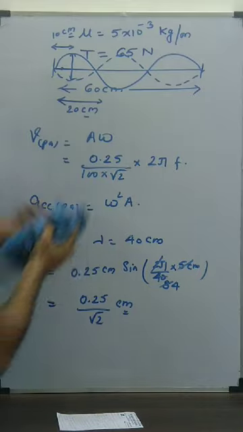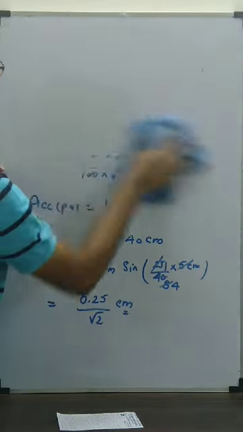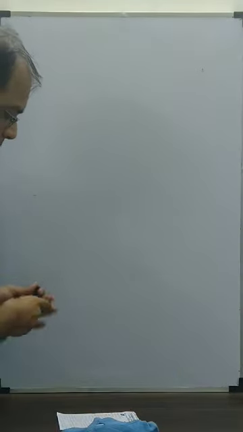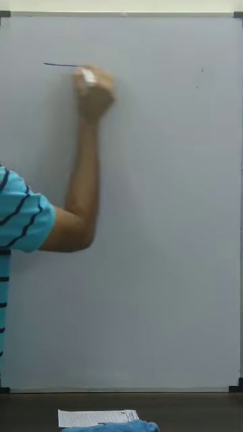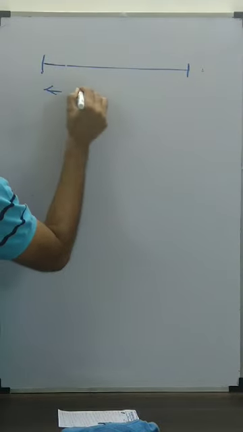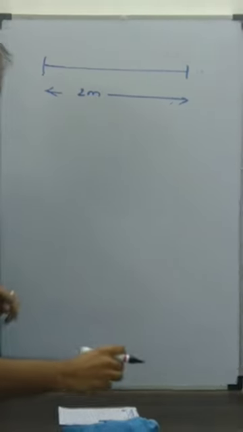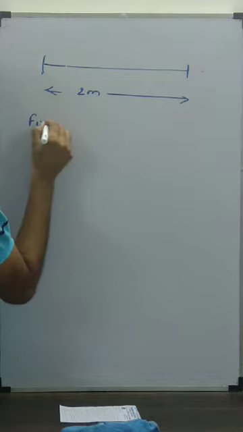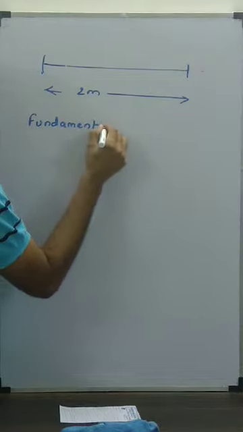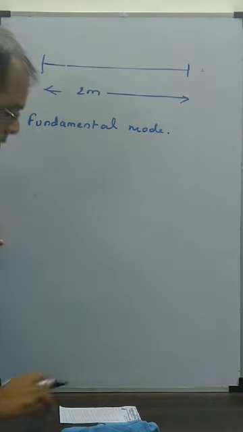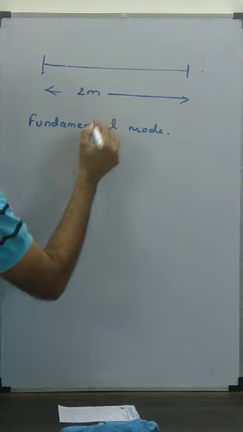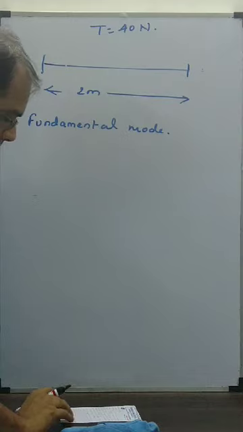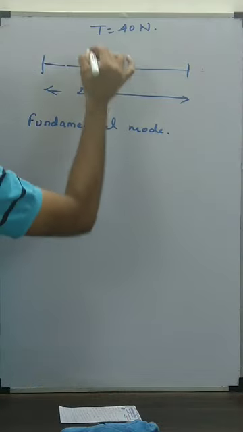Let's see question number 2 now. There is a wire of length 2 meter fixed at both ends and it's vibrating in its fundamental mode. Tension in the wire is 40 Newton and the mass of the wire is 0.1 kg.